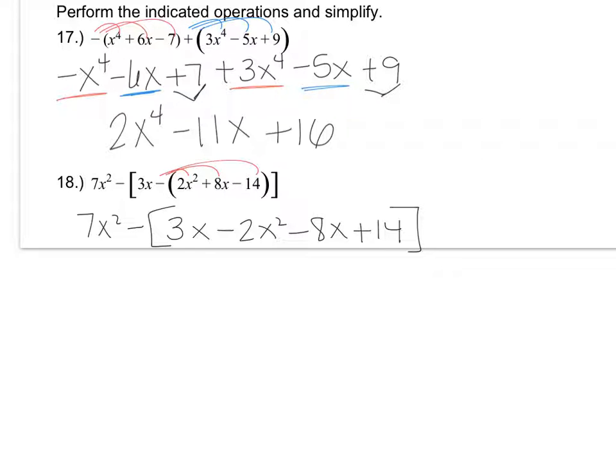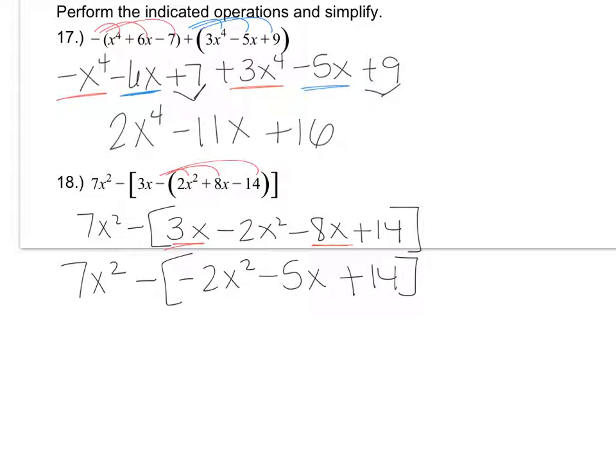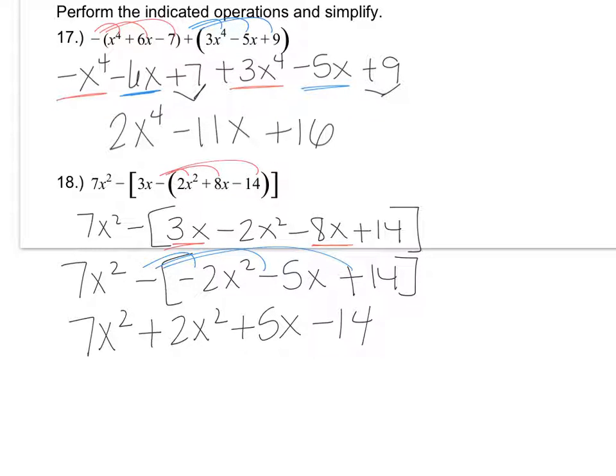I'm going to go ahead and combine my like terms here. So this is 7x squared minus negative 2x squared minus 5x plus 14. Now this negative outside also has to distribute. So we have 7x squared plus 2x squared plus 5x minus 14. And of course, these two are my like terms. So that's 9x squared plus 5x minus 14.